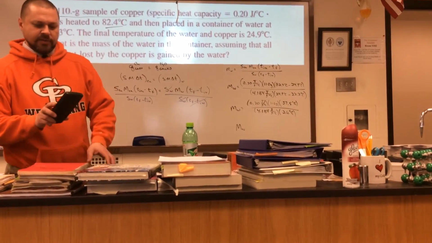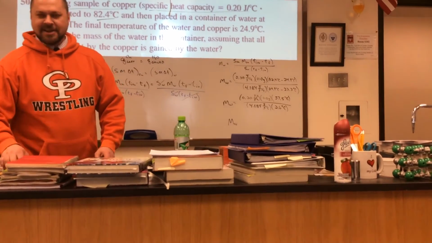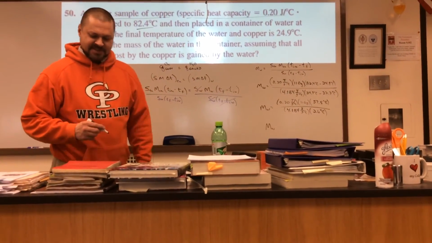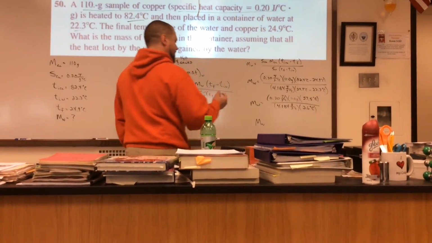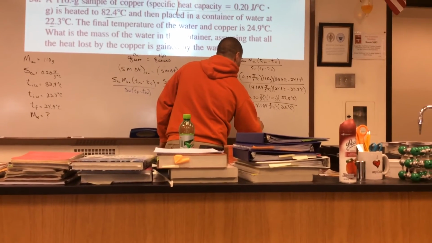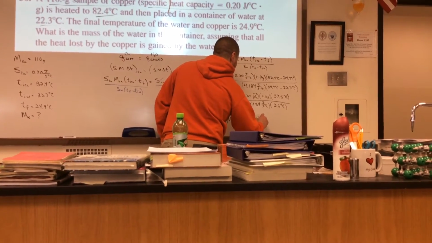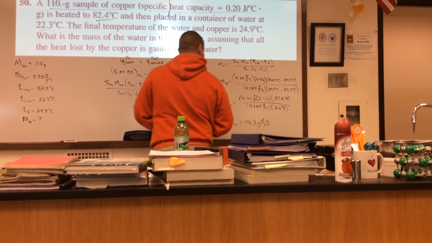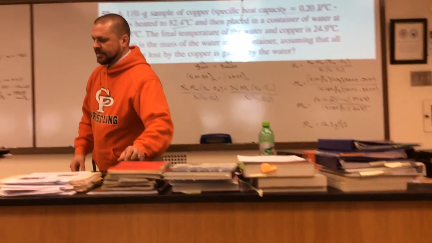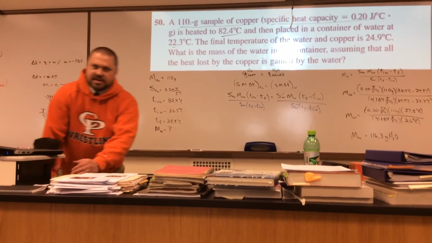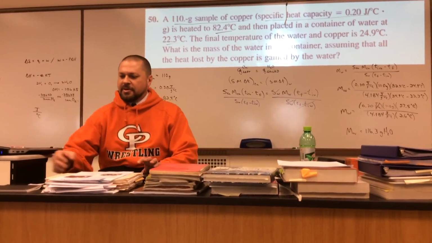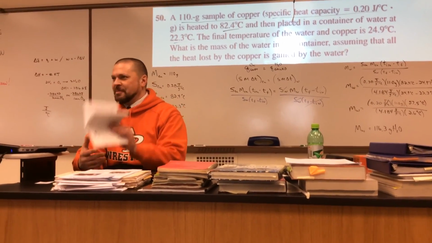And the answer is 12. No, I'm kidding. I tried 7. I got what, 116? 116.3 grams, and that's H2O. Okay, so that gets it done a couple seconds early. Before we quit too, it just made me think of a couple other things here.